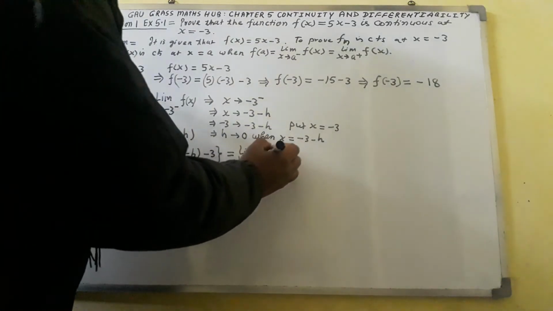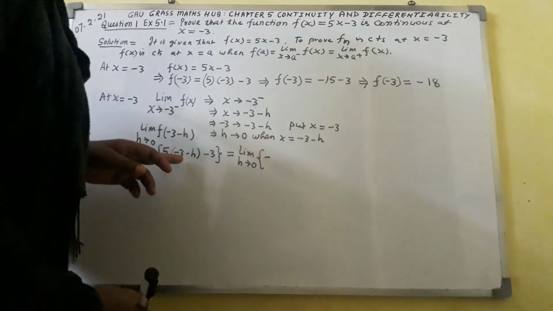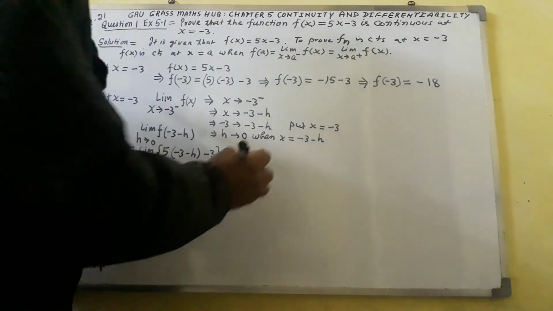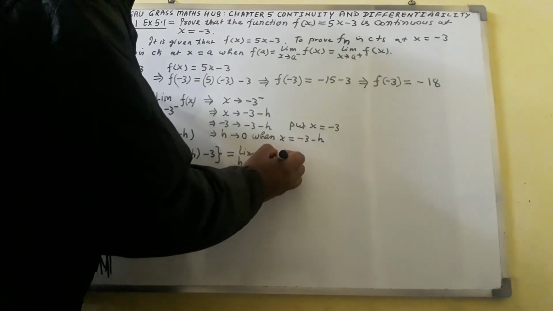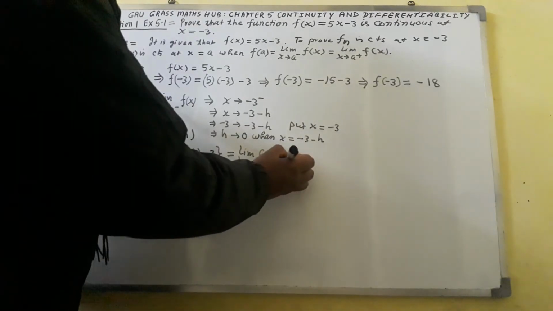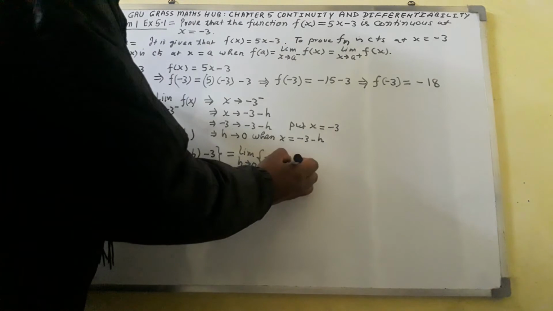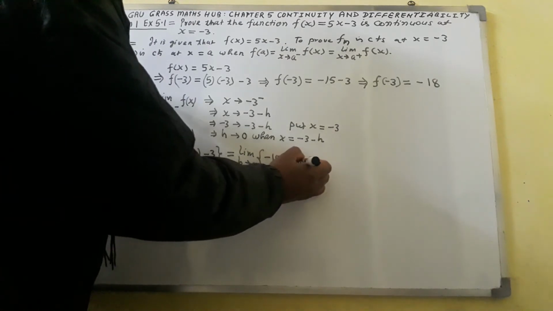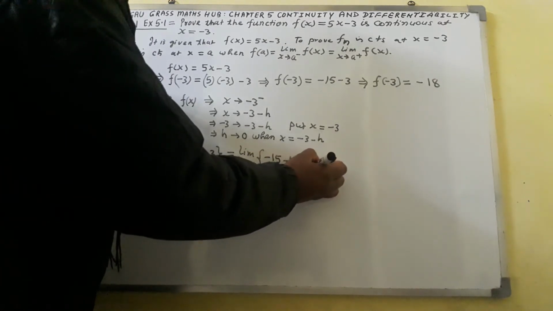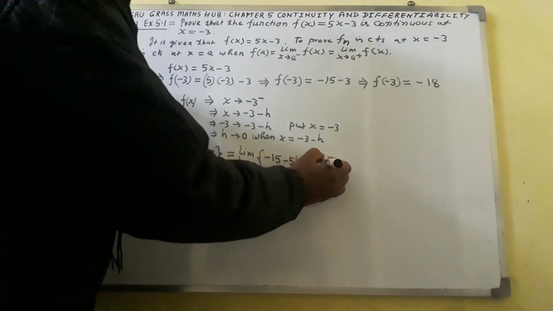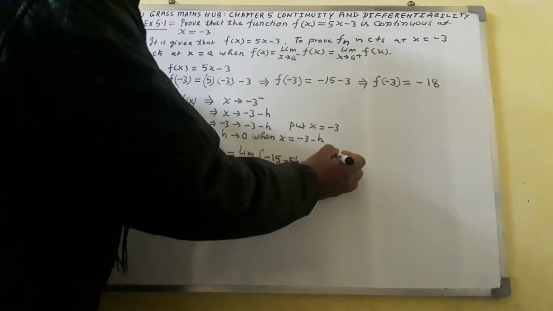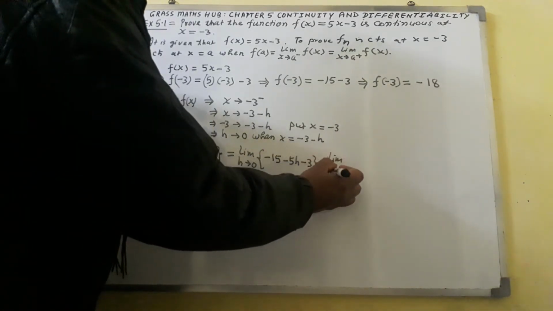It will become minus 3 multiplied by 5, which comes out to minus 15, minus 5 multiplied by h, which comes out to minus 5h, minus 3. Limit h tends 0.